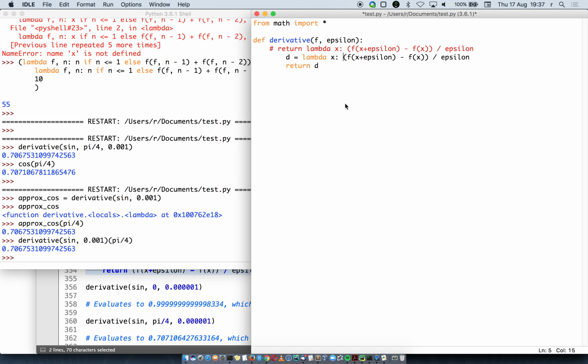I may not want to materialize the value now. I'm going to pass that to another piece of computation, and that piece of computation will be responsible for materializing the value. Whereas if I put the x right here, right now, I am forced to materialize the value. I may not know at this point the x. The only thing I know is the f.